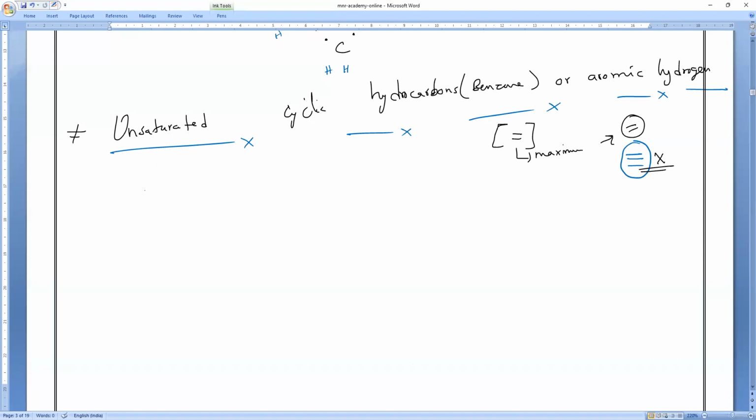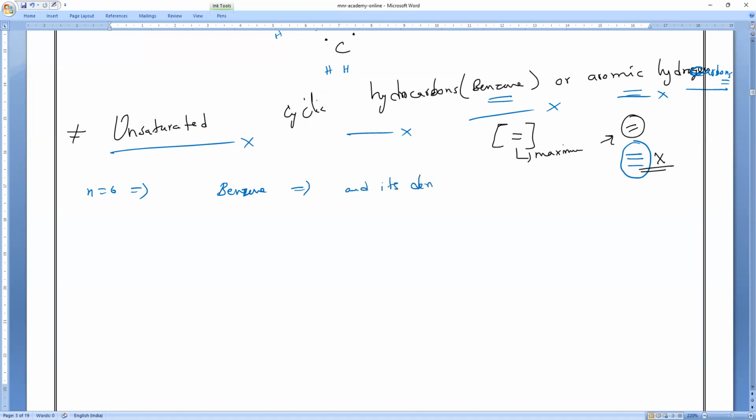So saturated cyclic hydrocarbons or benzene, unsaturated hydrocarbons, are also called aromatic hydrocarbons. It starts from n equals 6, and is also called benzene.